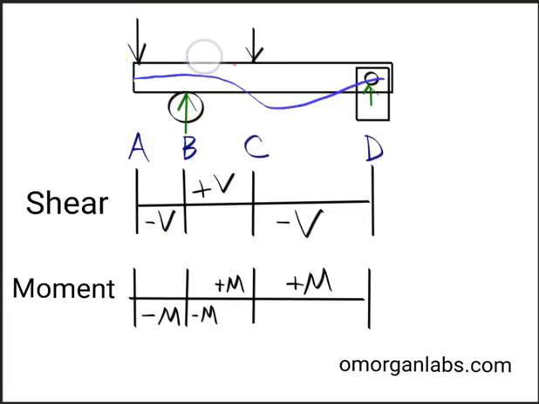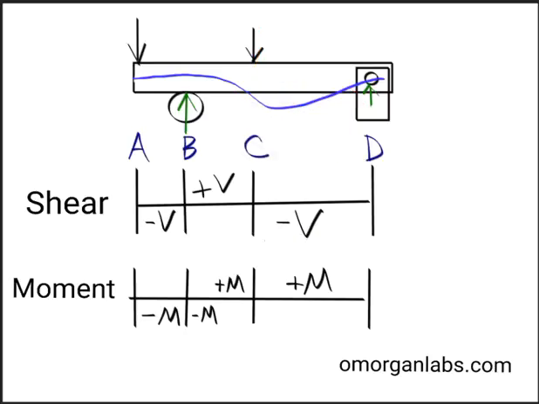Between B and C, the elements want to make a clockwise rotation. So that's positive shear. And then this last section, CD, you think of the element and the forces want to rotate it in the counterclockwise direction. So that's a negative shear.